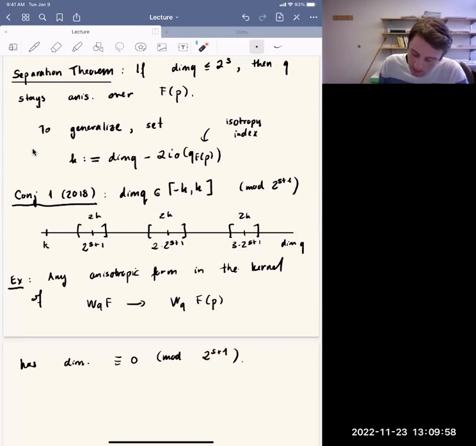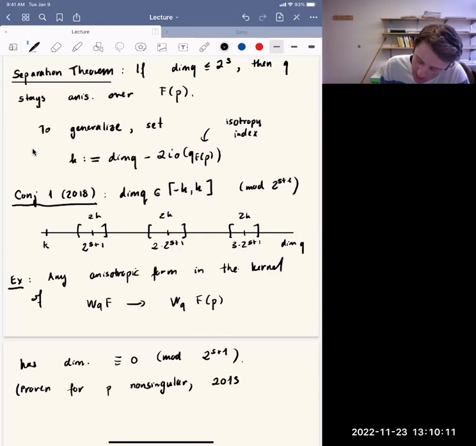Now previously, so I should say, this is proven when P is non-singular, or at least stably birational to a non-singular form, in the same paper as the conjecture is formulated.